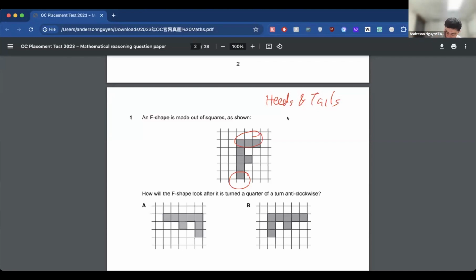So for example here, if this was the head and this was the tail, you'll see that your head, since it's pointing up or north, if you do a quarter turn or a 90-degree turn in the opposite direction of a clock, which is from right to left, your head is now going to point to the left.